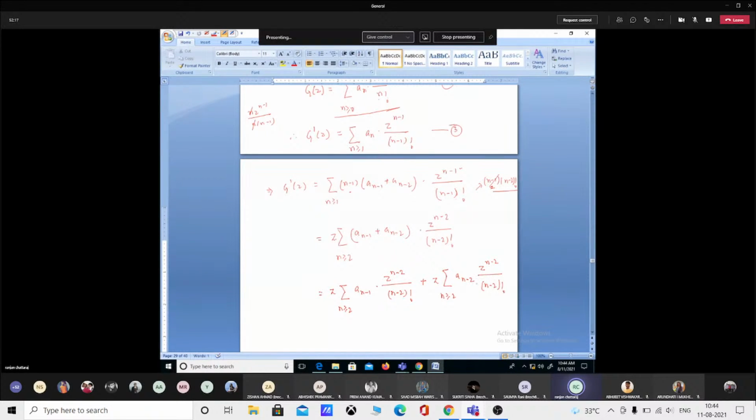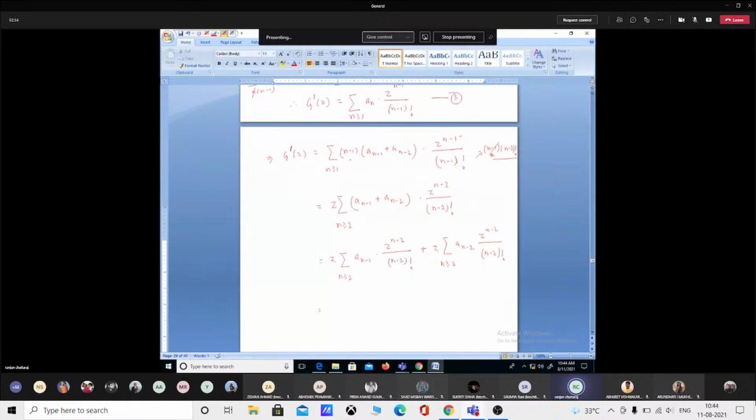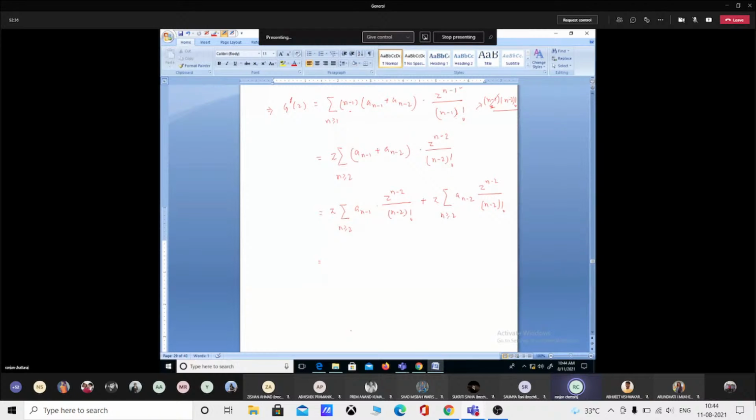So it is exactly the exponential form. So now all are equal to gz. That means the first derivative. Now this equals z.